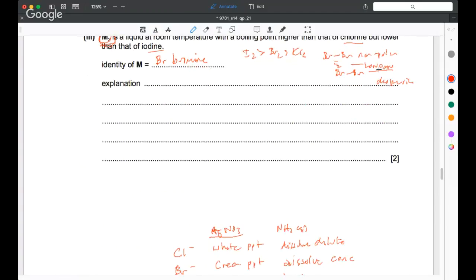Okay, so just by way of explanation, although these forces have names, either London forces or dispersion forces, if you want to describe them, you could say that they are temporary, instantaneous dipoles.